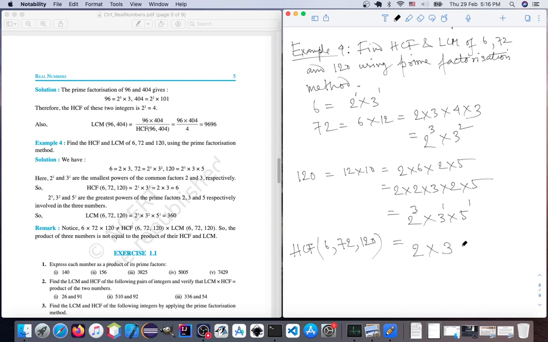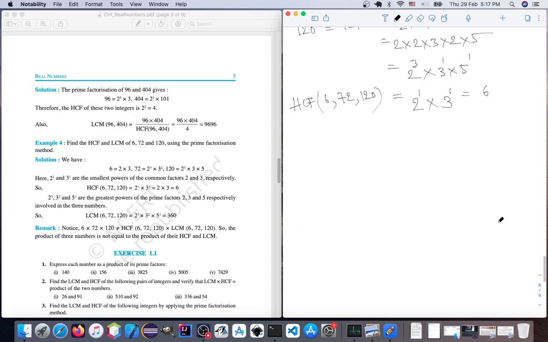Now, what about the powers? The power of 2 will be the smallest power of the prime factor 2 occurring in the three numbers. What is the smallest power? Over here we have 3, over here 3, over here we have 1. So the smallest power will be 1. For 3, over here we have 1, 2 and 1. So 1. So the HCF is 6.